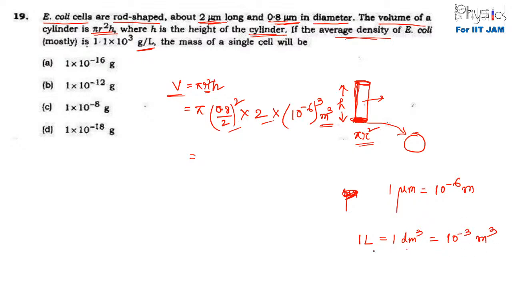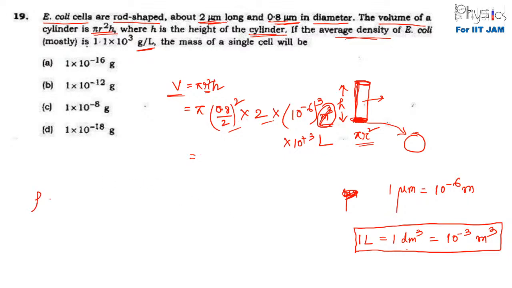I hope you know this. And if we put it here, we get, without this meter cube, we can write 10 to the power plus 3 liter, right? In place of this meter cube, we can write 10 to the power plus 3 liter. Okay.